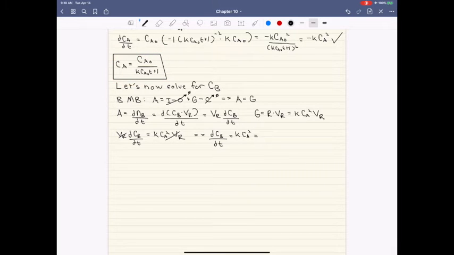So we could say now dCB dt is equal to the product of the rate constant times CA naught squared over k t CA naught plus 1, and all that squared. Okay? Alright, well in any case, this is the differential equation we need to solve in order to derive an equation for CB.